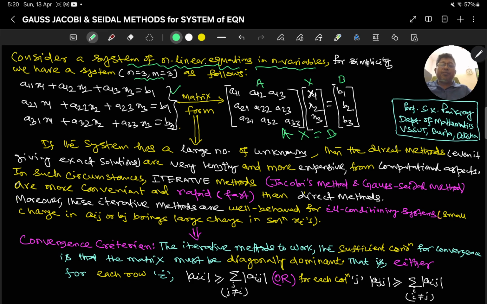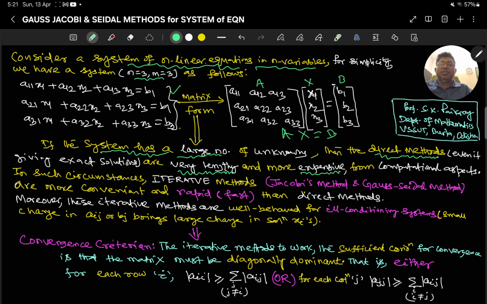Now in the previous lectures we have discussed the direct methods. Now when the system is too large, meaning there are a large number of variables, then the direct methods, even if they give the exact solutions, are very lengthy. From the computational aspect these are more expensive to create software for, and to compute; it is lengthy and expensive, right?